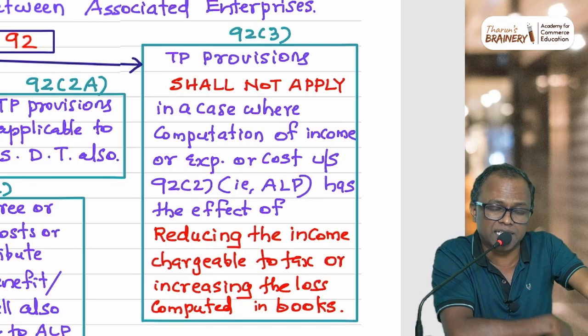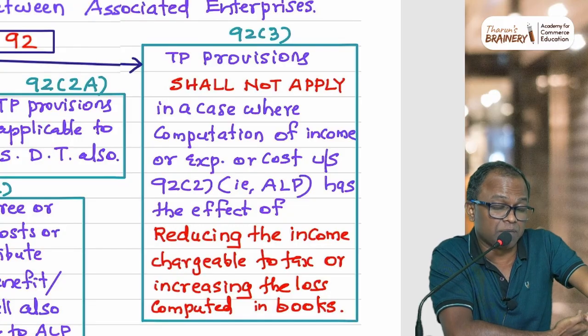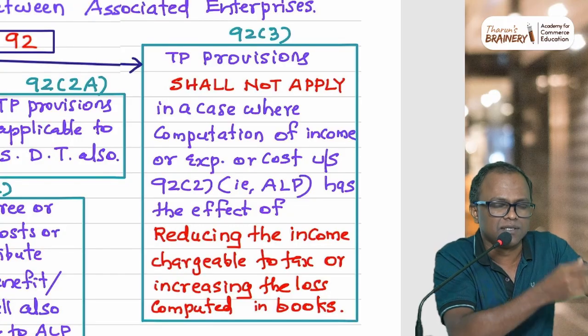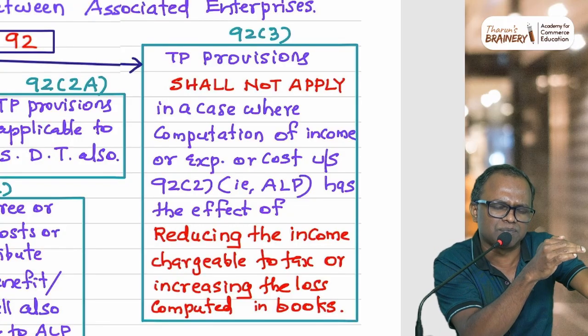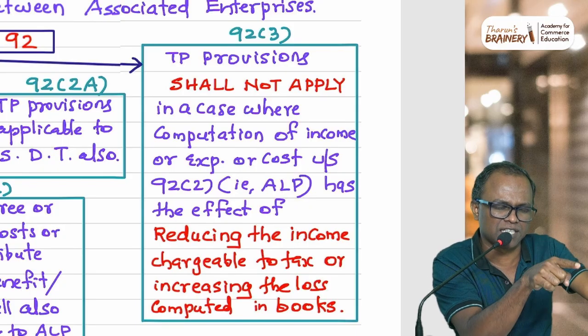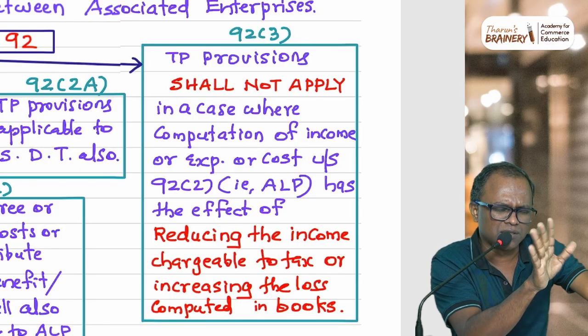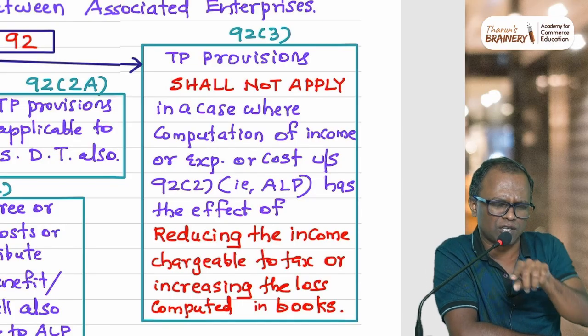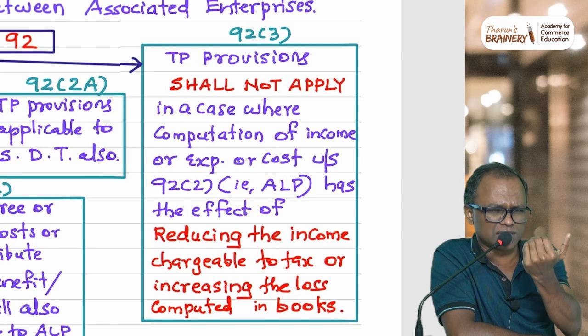But arm's length price is 1.5 crore, you are making payment only of 1.3 crore, then the arm's length price provisions or TP provision should not be applied because the profit already declared in India is more. If you apply arm's length price, it should have been reduced. That is not possible. And now what about credit side of the P&L? So credit side of the P&L, receipt of income.